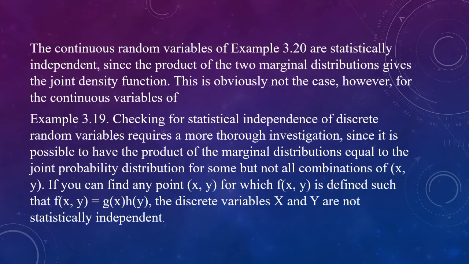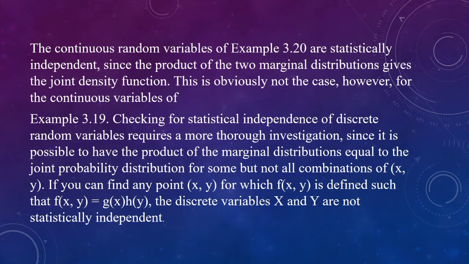The continuous random variables of example 3.20 are statistically independent since the product of the two marginal distributions gives the joint density function. That is obviously not the case, however, for the continuous variables of example 3.19.